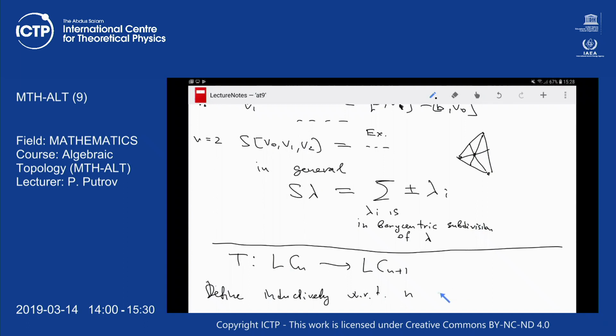We start from n equals -1. We define the action on an empty list, because there's a single generator, the action on an empty list is true.